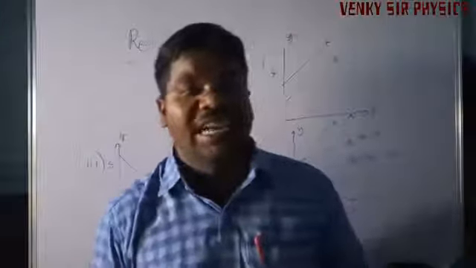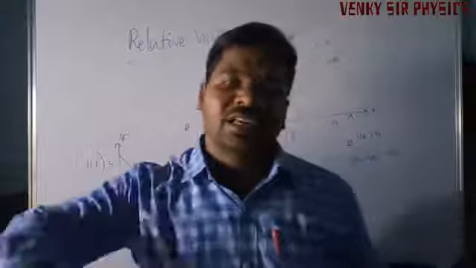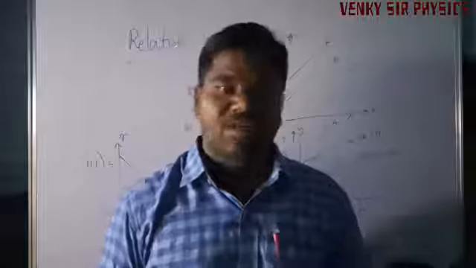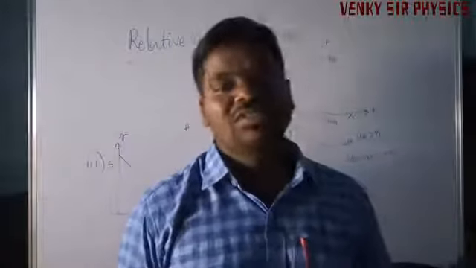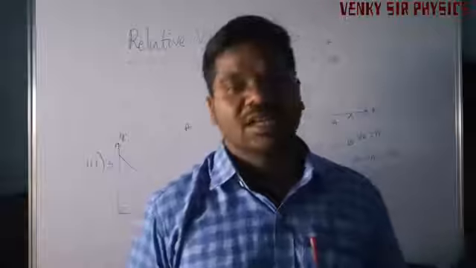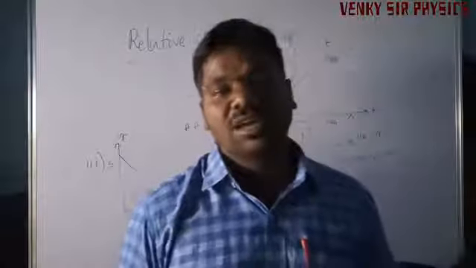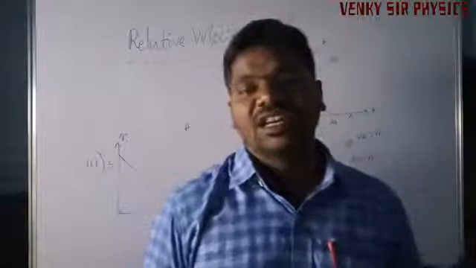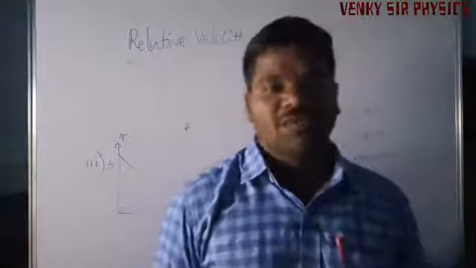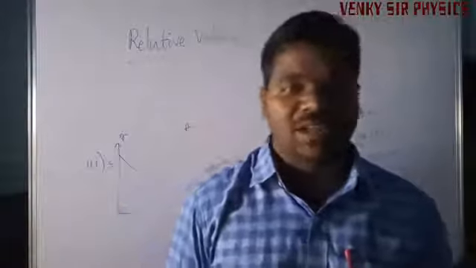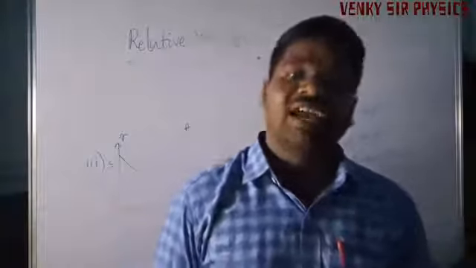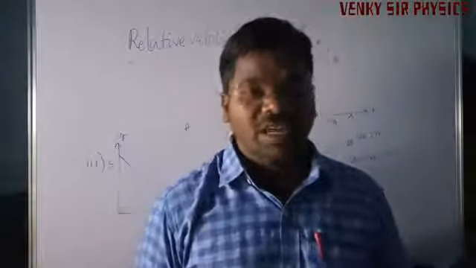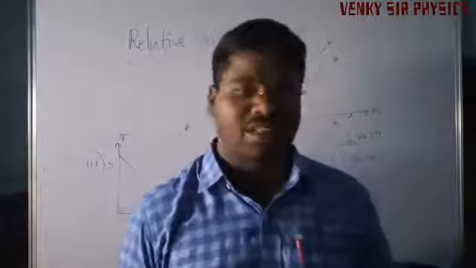Relative velocity. Relative velocity is a measurement of the velocity of an object with respect to another observer. It is defined as the time rate of change of relative position of one object with respect to another.